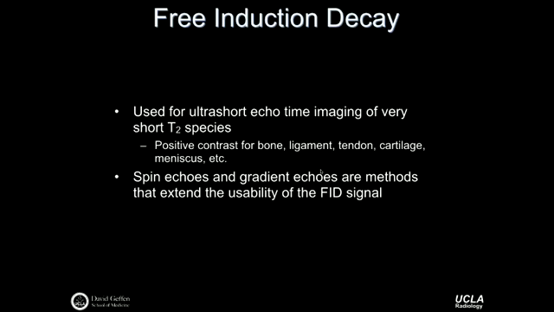Spin echoes and gradient echoes, which is partly what we're going to talk about today, are methods that extend the usability of this FID signal. So I keep telling you that the FID signal is gone really quickly, but remember it's gone as a combination of reversible and irreversible events. And we're going to try to undo those reversible things so that we can have a usable signal to form an echo.